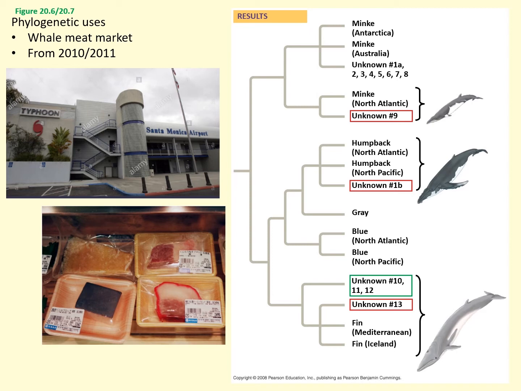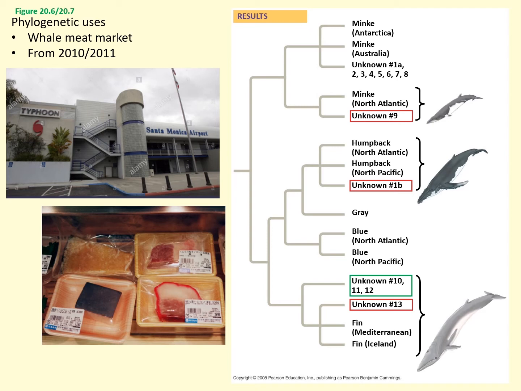What they did was take samples and compare them to the known DNA sequences, and they were able to deduce which particular whale it belonged to. This whale meat that was being served was from the sei whale, and that particular whale is pretty endangered.